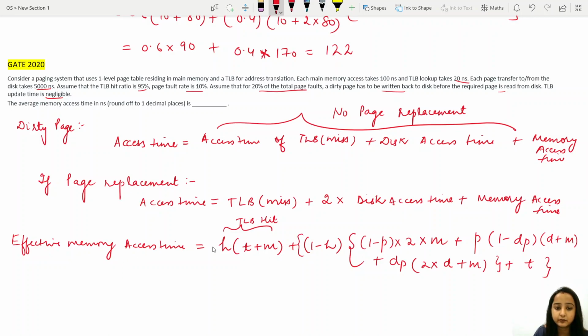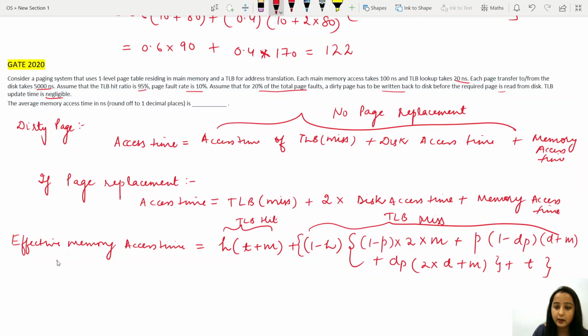So here, this is the scenario when a TLB miss will occur. Then there can be the case when page replacement will be there, and when there is no requirement of page replacement. Whether you get the page fault or not, that is the scenario.